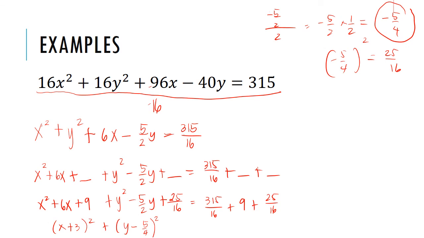Tignan nyo ito. 6 divided by 2, 3. O, di ba? Bago tayo nag-square, 3 squared para maging plus add ng 9, yung 6 divided by 2 na 3, siya talaga yung nandito na dun sa perfect square. Same mystery dito. Negative 5 over 2 divided by 2, negative 5 over 4.